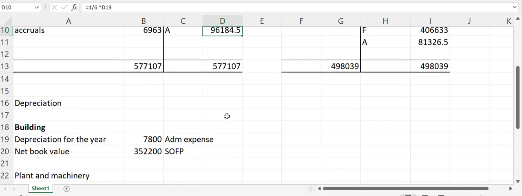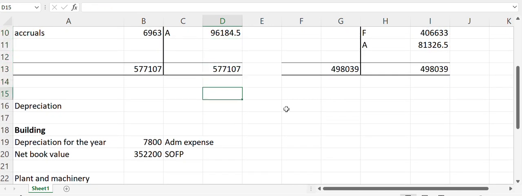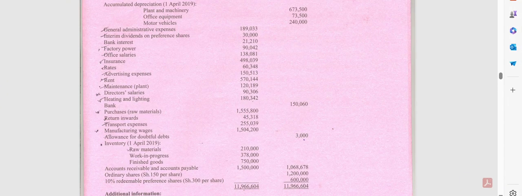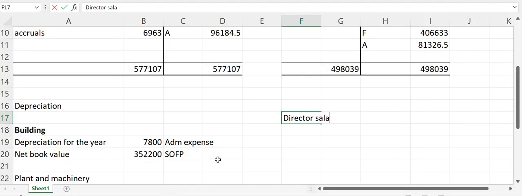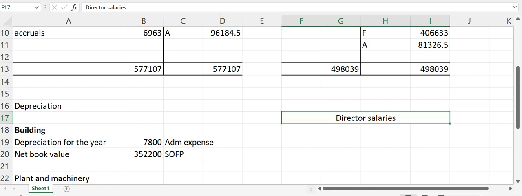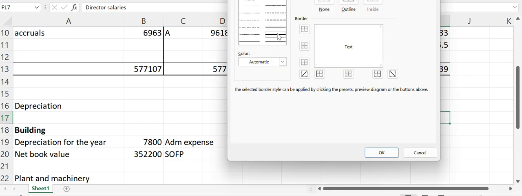So we open director salaries to adjust that account. We can do it somewhere here. Directors. They have called it what? Directors or director salaries. So remember, directors are generally involved in the management affairs of a company. But here, in the additional information, they have mentioned sales.